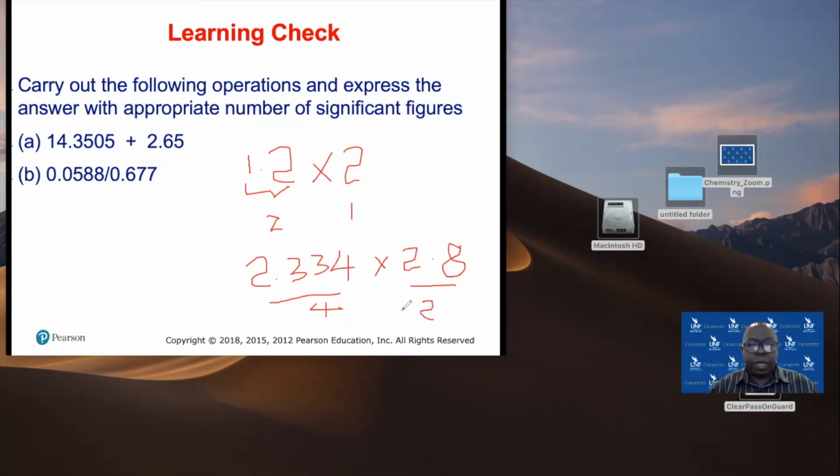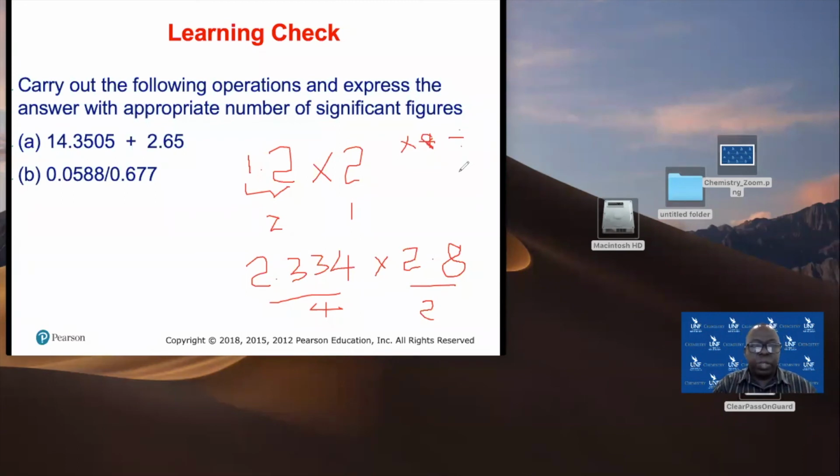This applies for what? Multiplication, multiplying and dividing, so you have to know that.